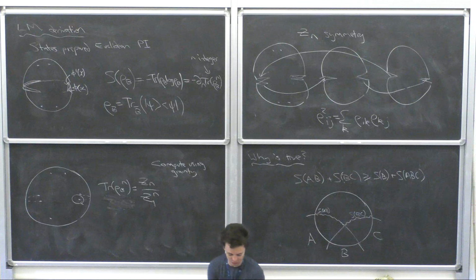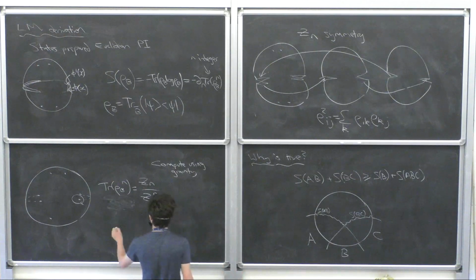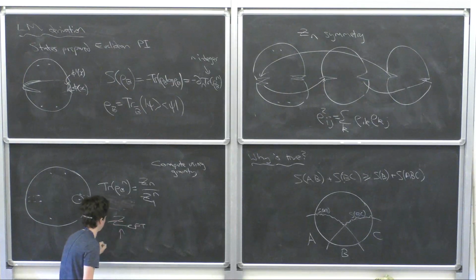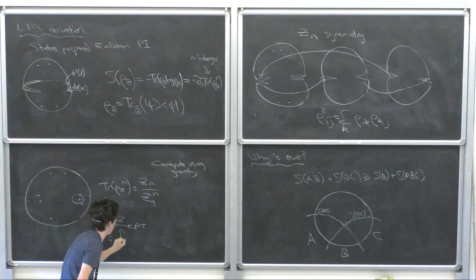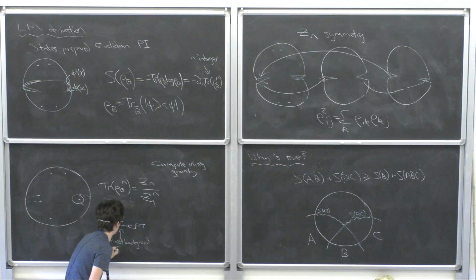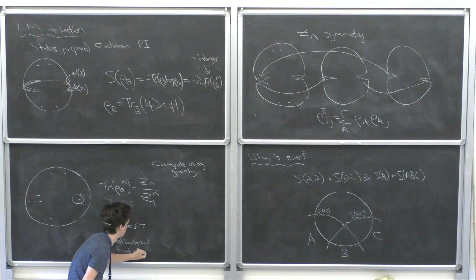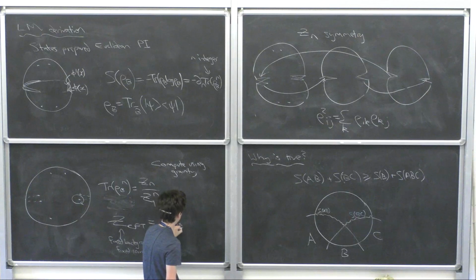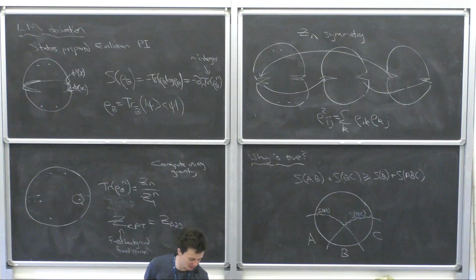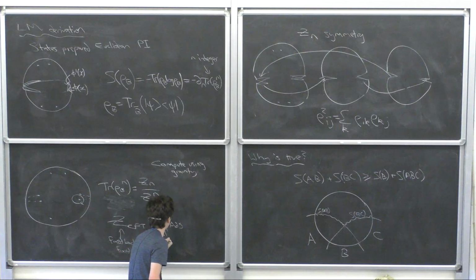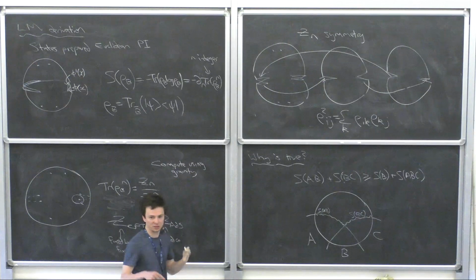A precise statement of the AdS/CFT duality says that Z_CFT, the partition function of the CFT on some fixed background, with maybe some sources inserted, some operator insertions at some point on the background, is equal to the partition function of quantum gravity on AdS, where we have to fix the boundary conditions of the quantum gravity path integral.